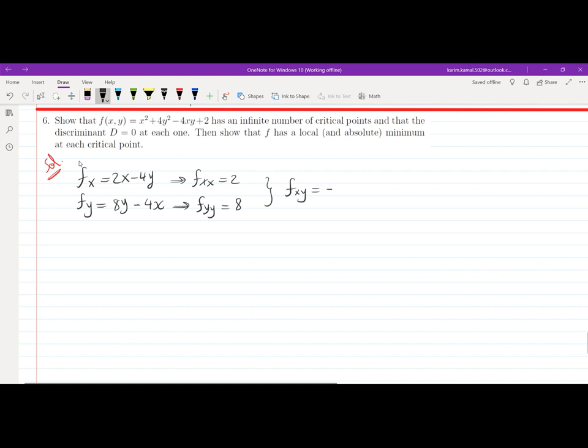As you see here, fxx, fyy and fxy are all constant values.